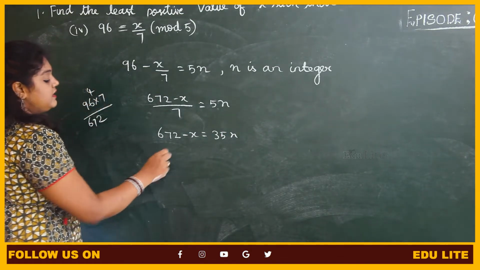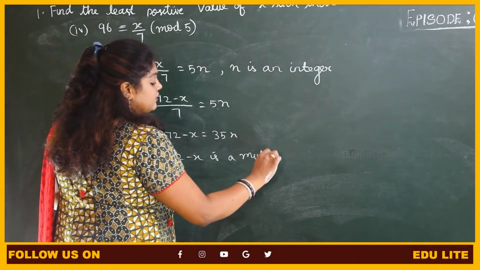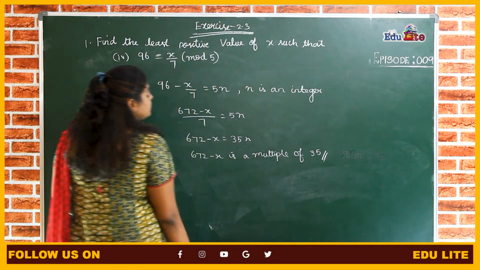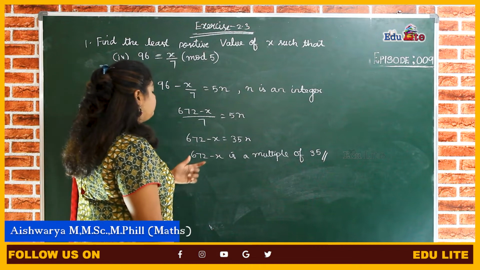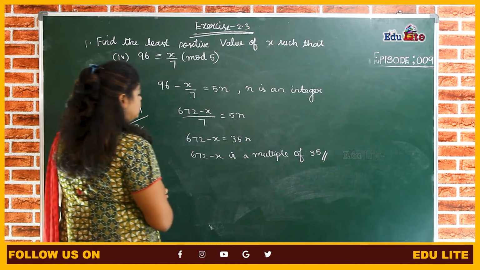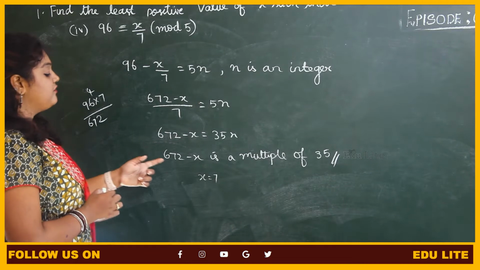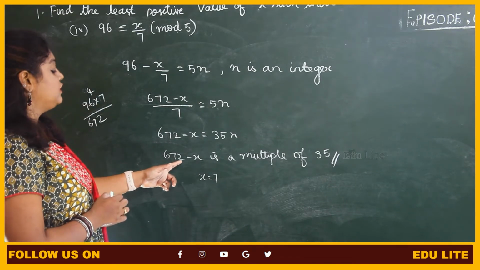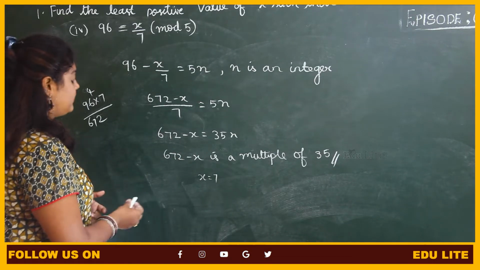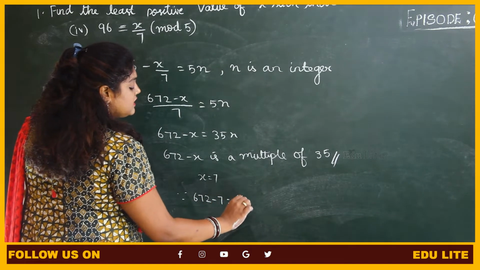So what does this mean? 672 minus x is a multiple of 35. So now we have to choose the value of x in such a way that the chosen value subtracted from 672 is a multiple of 35. We are going to choose the value of x as 7. Why? If I subtract 7 from 672, we get 665. 665 is a multiple of 35, since 672 minus 7 equals 665.